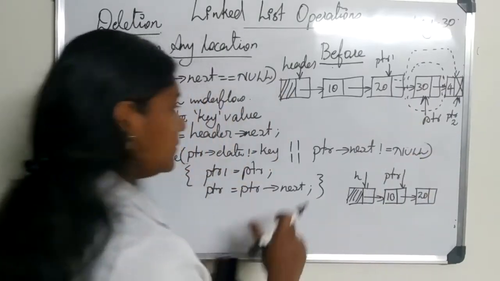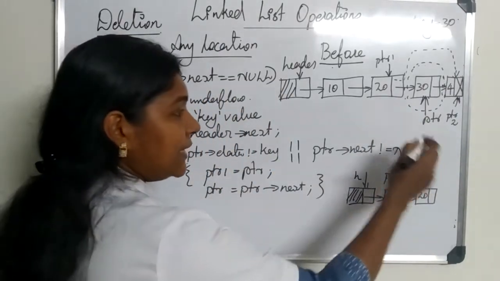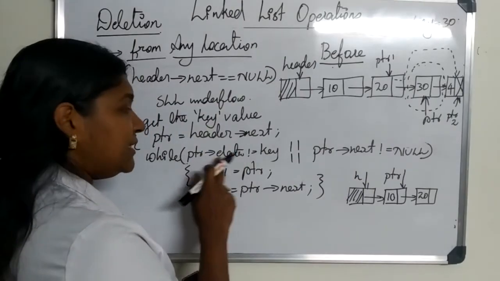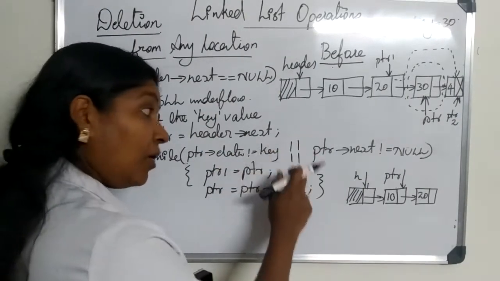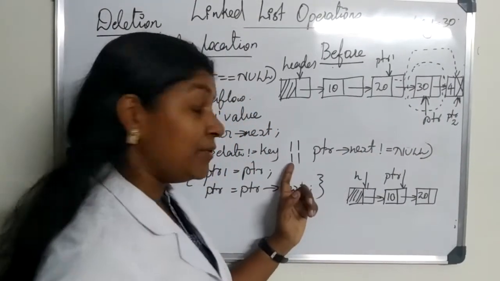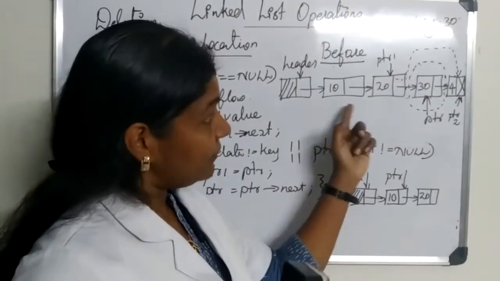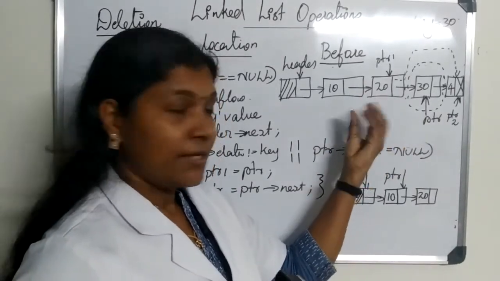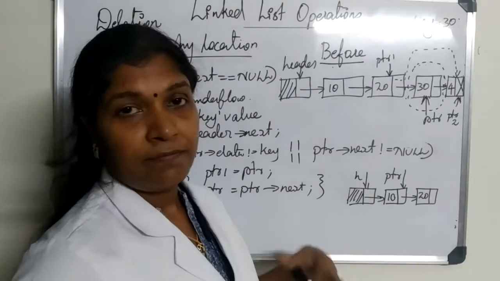So we are providing the two conditions in our search while loop: ptr dot data not equal to key or ptr dot next not equal to null. So here we are using an or condition. If either of these conditions returns a false value, then we should come out.